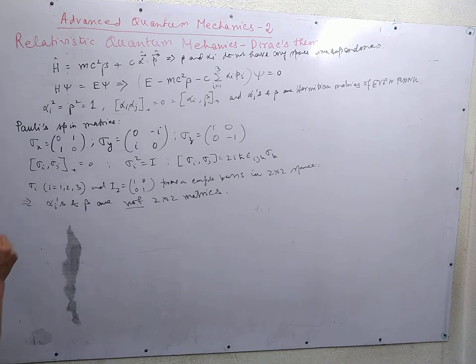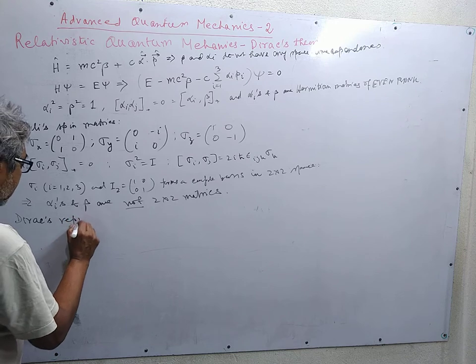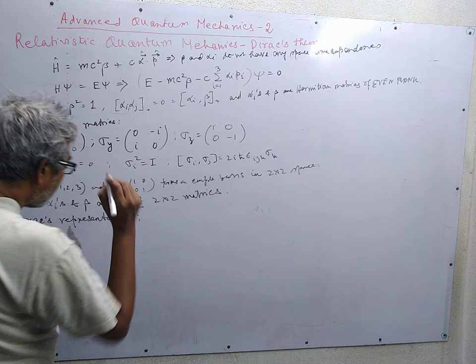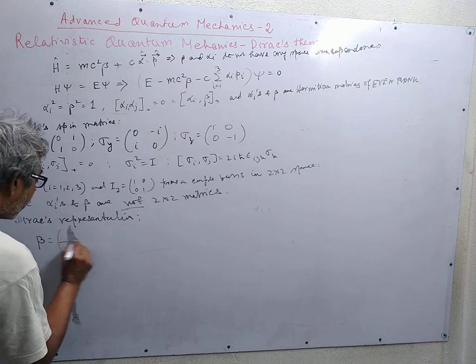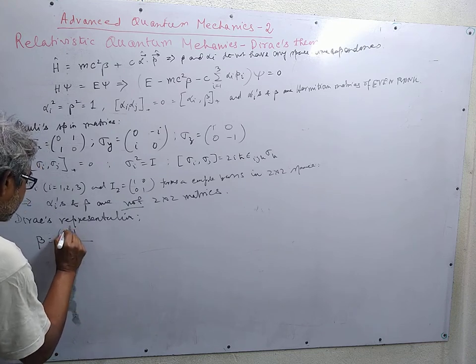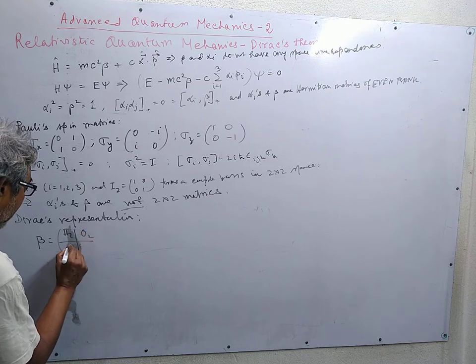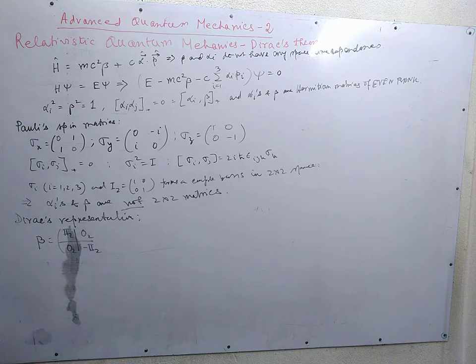This is known as Dirac's representation. Dirac assumed quite arbitrarily that beta is a diagonal matrix. So it is a matrix with a null matrix of order 2, another null matrix of order 2, and a unit matrix of order 2.